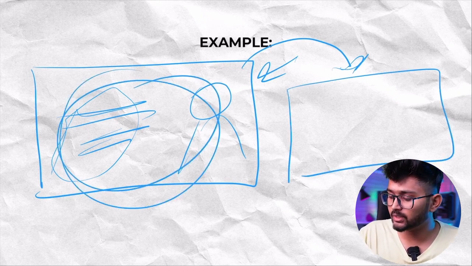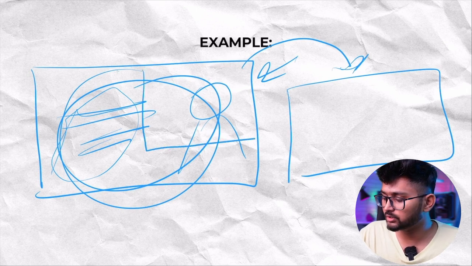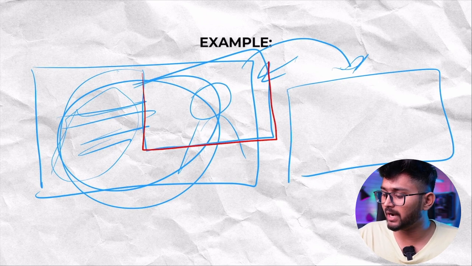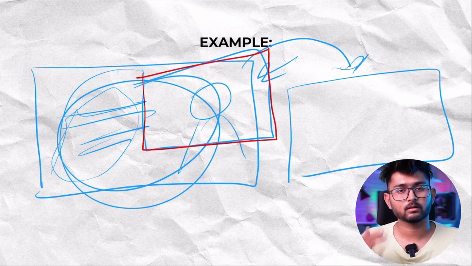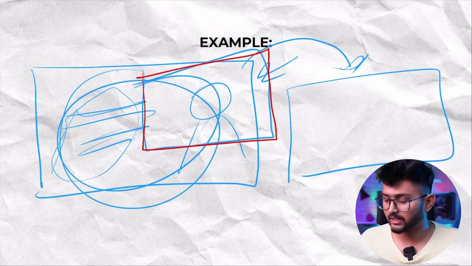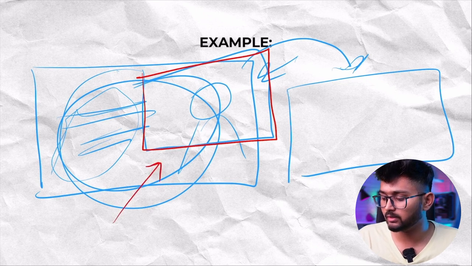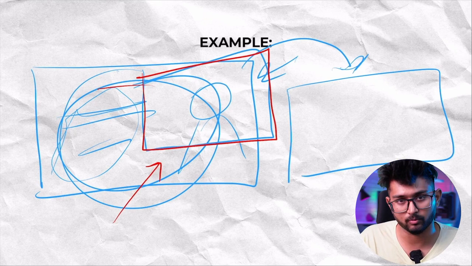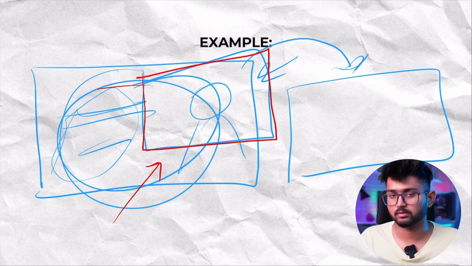How do we do it? We just zoom in and maybe we can just use this part like a frame. And that's how we do it. We just zoom in and adjust the position. Simple. So basically we also use zoom ins and zoom outs to adjust frames, right?